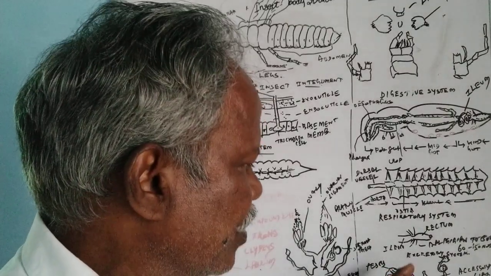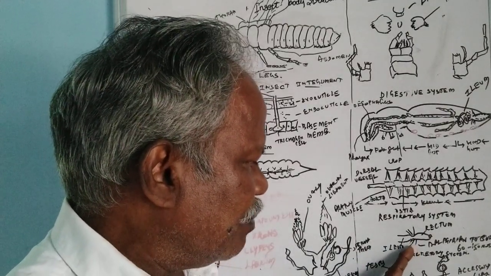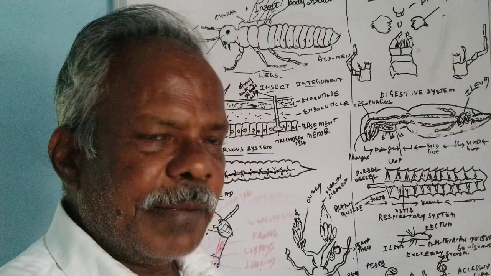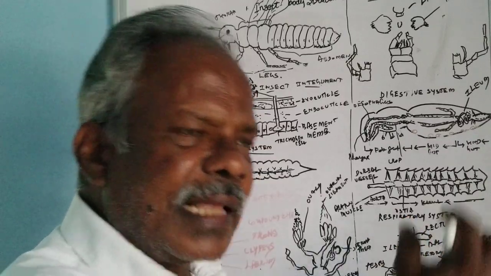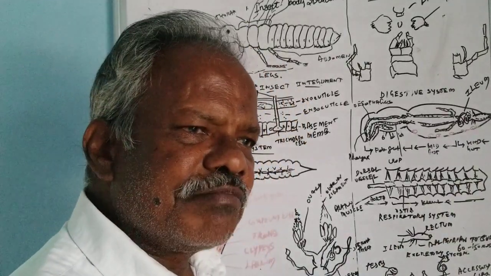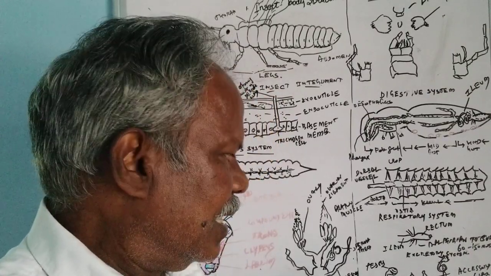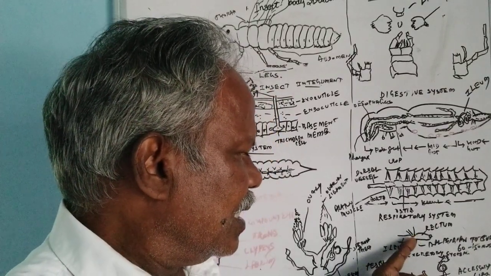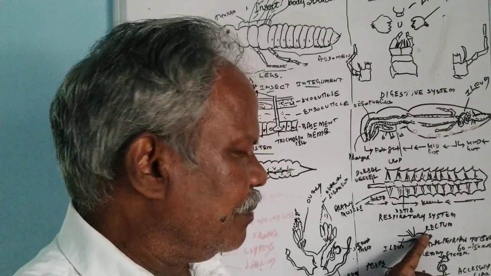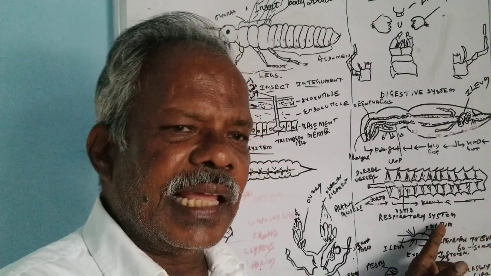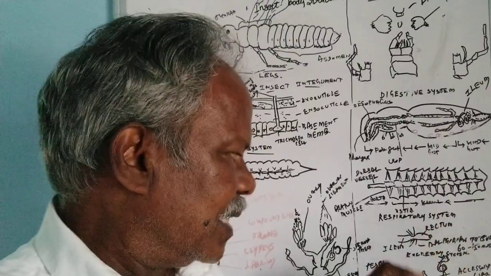That is in the case of human beings. In the case of insects, the Malpighian tubules are bathing in the hemolymph, and they secrete the uric acid from the hemolymph, or the blood, and that gets into the rectum and is eliminated along with the fecal materials.